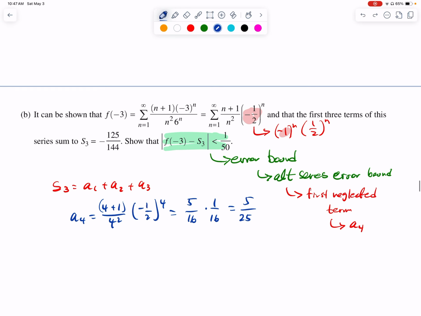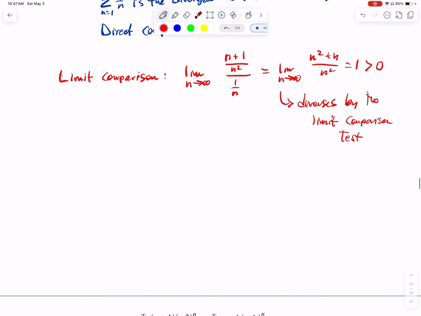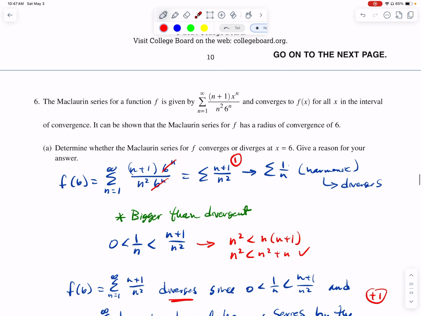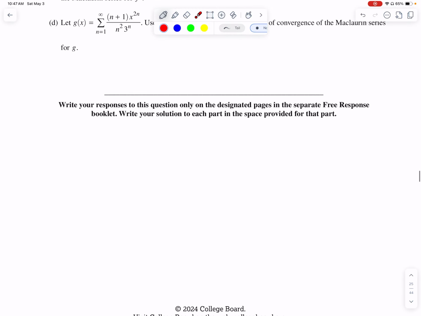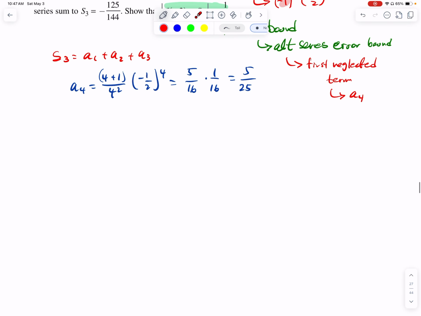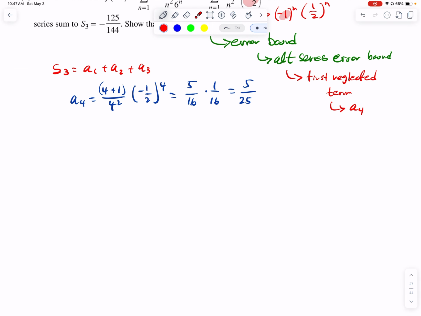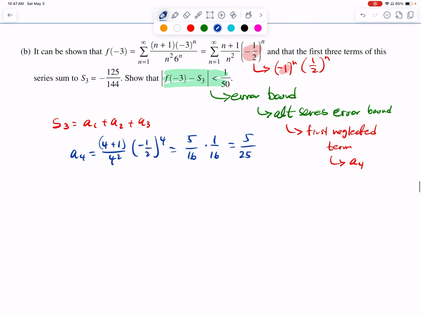Well, look, this is f of negative 3. F of negative 3 is inside, I think I put it right up here. It's inside this interval of convergence, so I know it converges. So I just got to point out that the terms do what an alternating series are supposed to do, which is decrease in magnitude to 0.